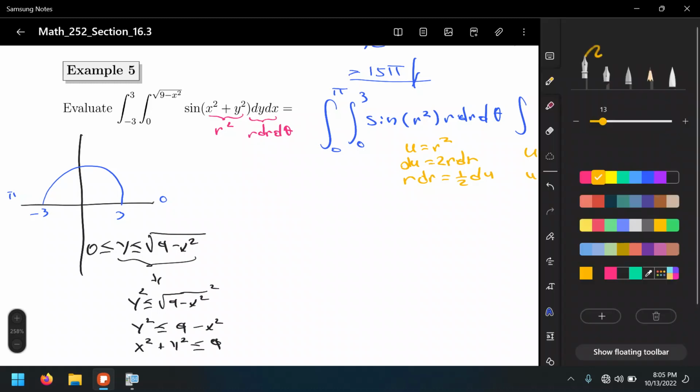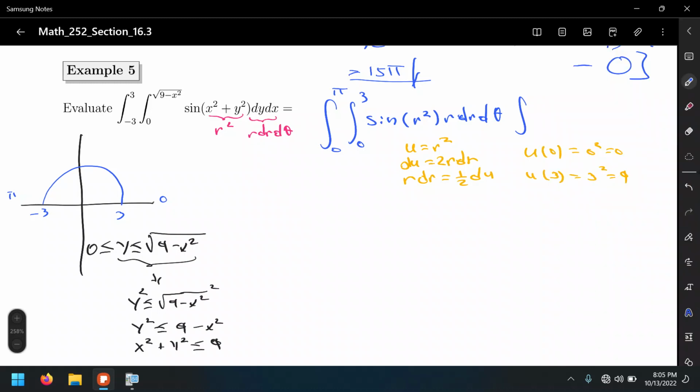So those limits are going to change: 0 to pi for the outer integral, and for the second integral, 0 to 9 of sine of u times 1/2 du d theta. Don't forget about the d theta.